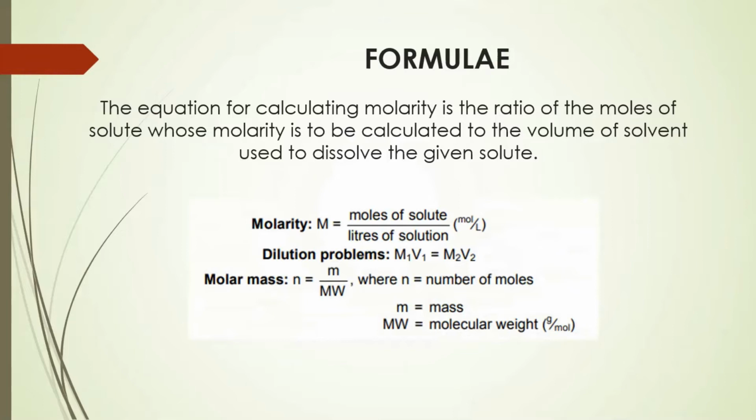For dilution problems, we can use the formula M1V1 equals M2V2. The number of moles n is equal to m divided by mW, where n is the number of moles, m is the mass, and mW is the molecular weight in grams per mole.